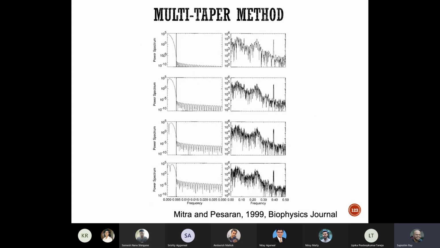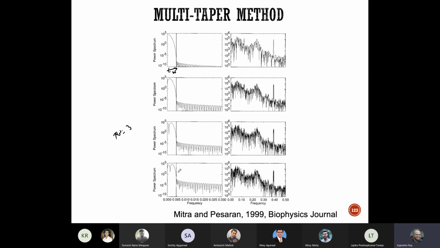Here, the spectral concentration is wonderful. Most of the energy is within whatever you have specified your W to be. And as your taper number increases, there's more and more leakage. So you could have taken even more than 5 tapers for TW equal to 3.